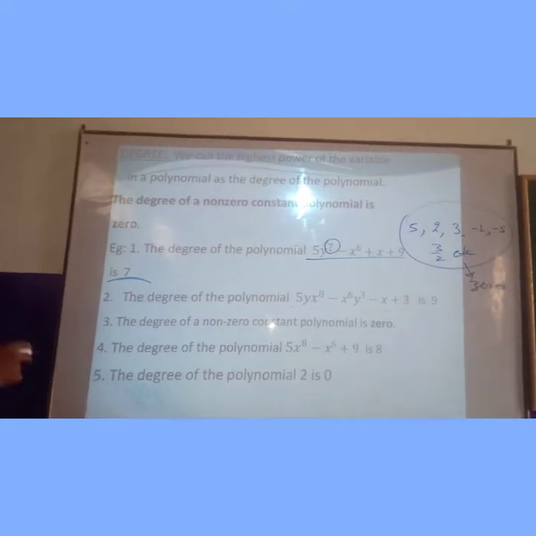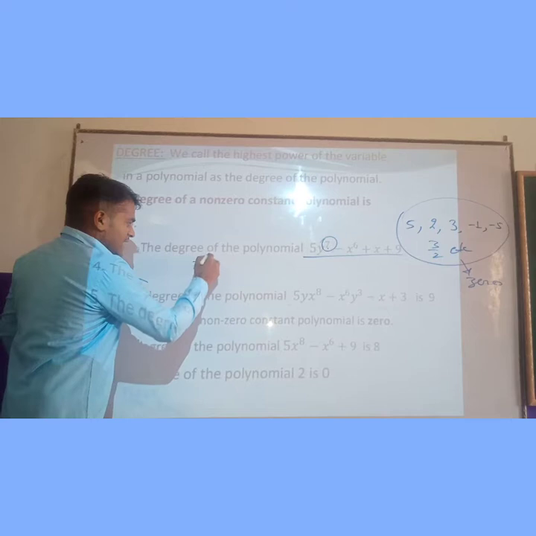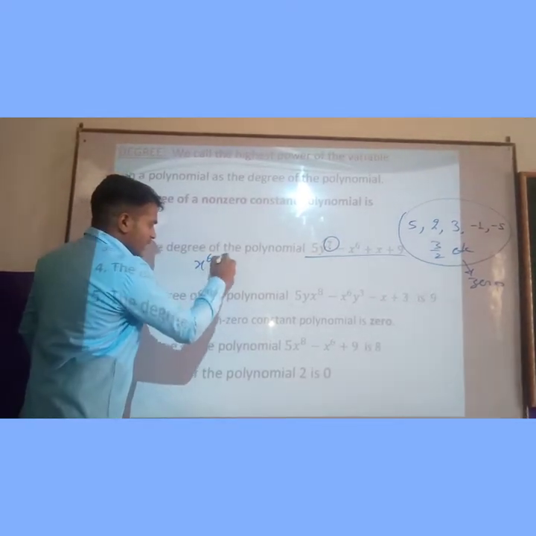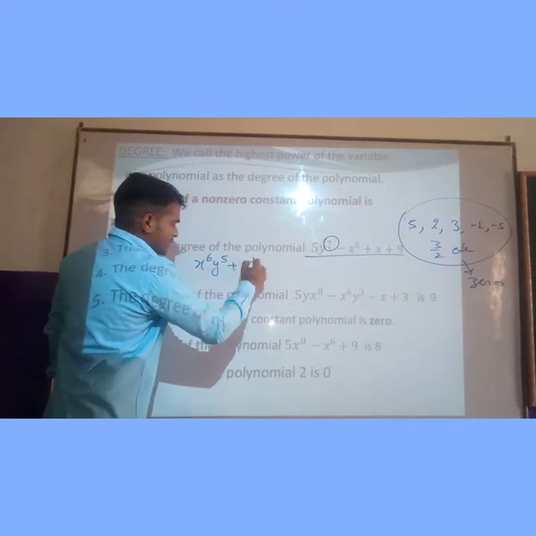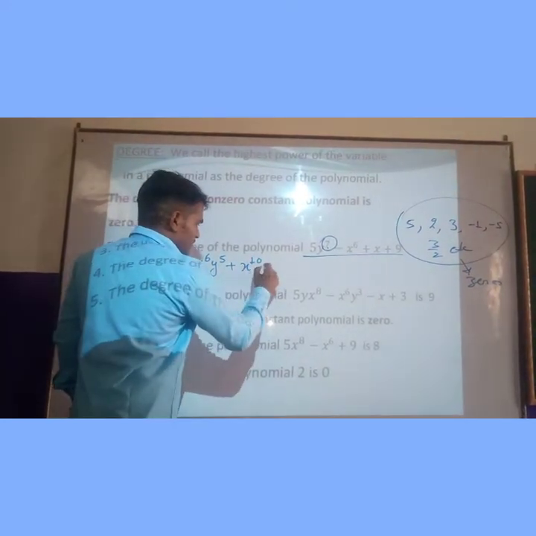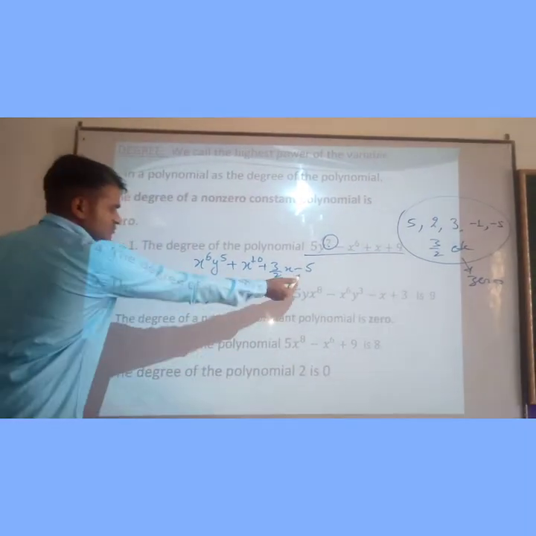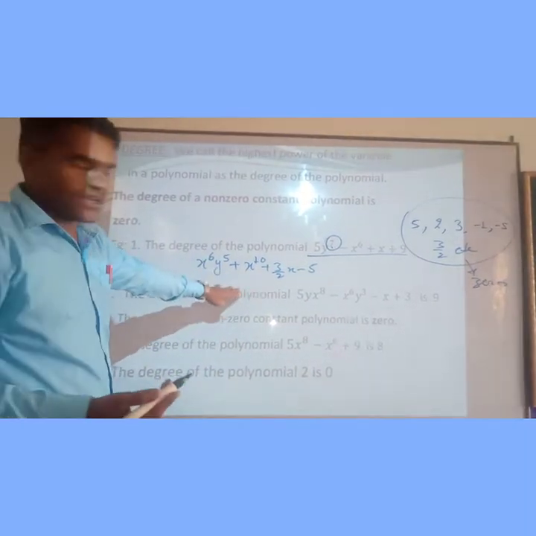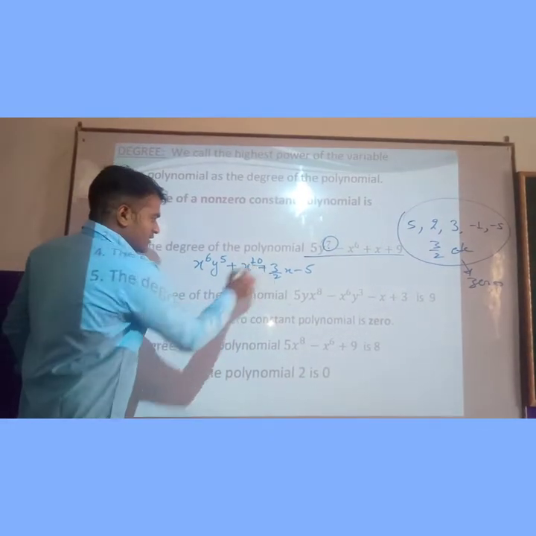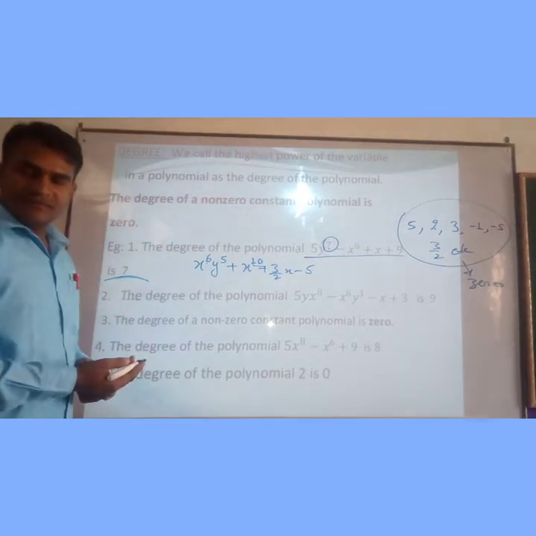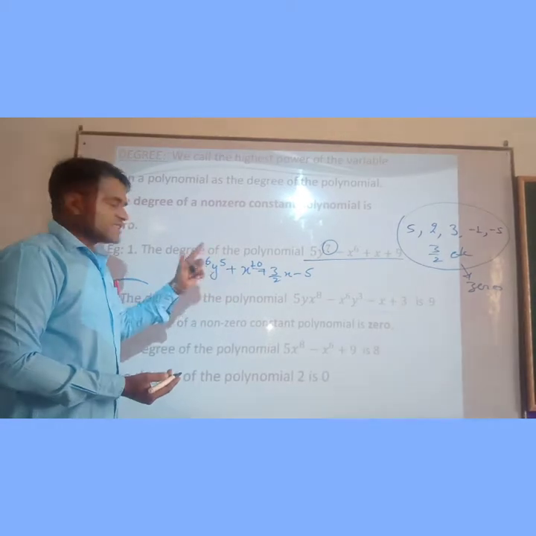Suppose we have one more example: x power 6 y power 5 plus x power 10 plus 3 upon 2x minus 5. What is the degree of this polynomial? This is also a polynomial. Is it 10, 6 or 5?